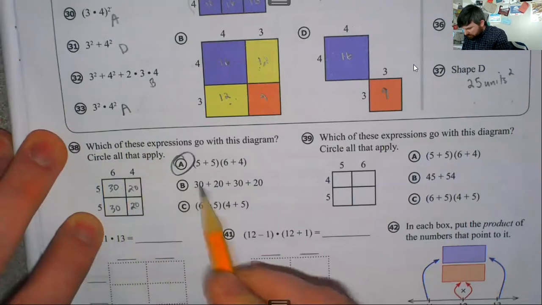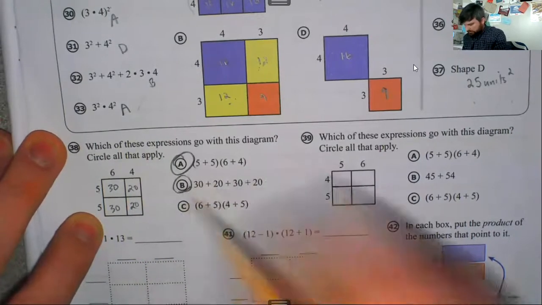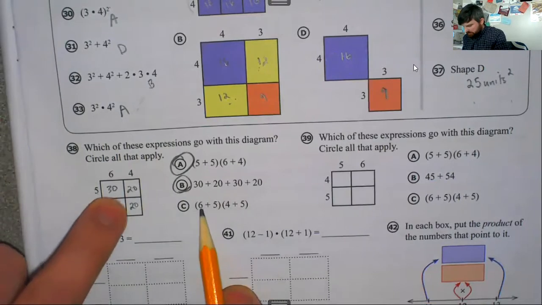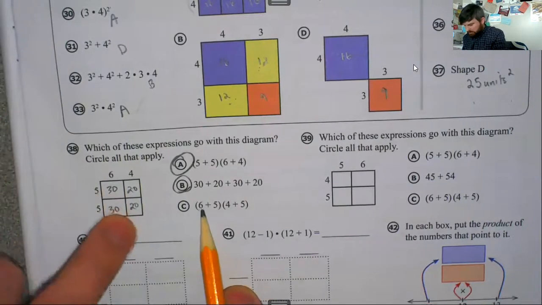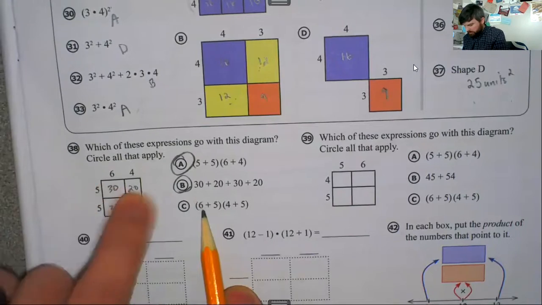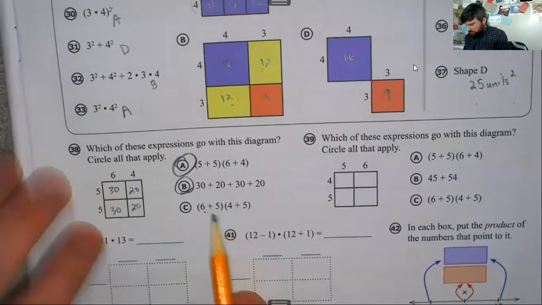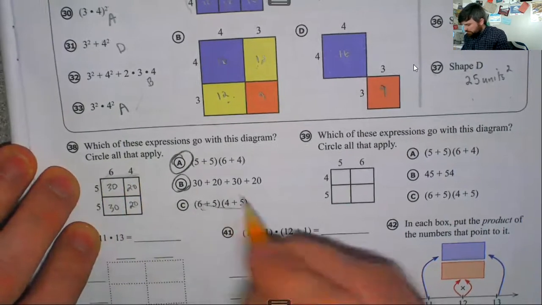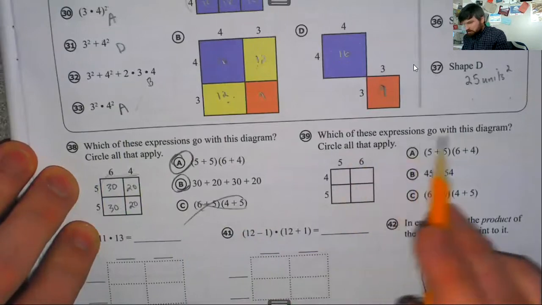So 30, 30, 20, 20. This applies. That's good. And then you have 6 plus 5. I don't have a 6 plus 5 anywhere, or a 4 plus. We can only add these. We don't add these numbers together, which is what they did. So not that one.